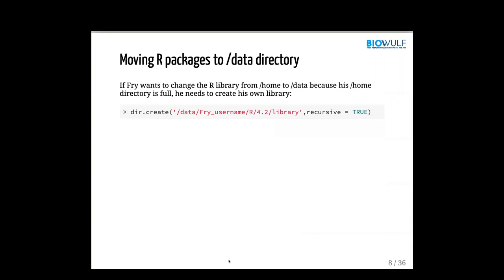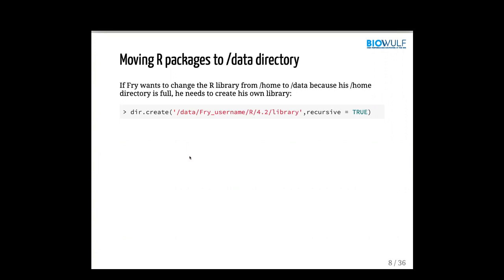Okay, the next thing Fry needs to do is find which libraries were not installed on Beowulf yet, so he can reinstall them. Sometimes Fry doesn't want to install his library at home anymore because his home directory is full.